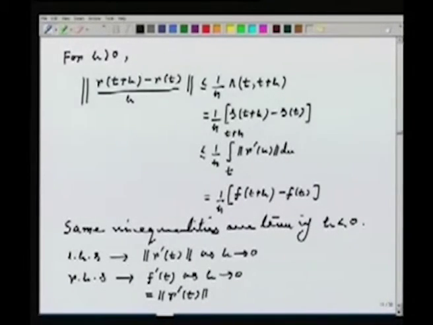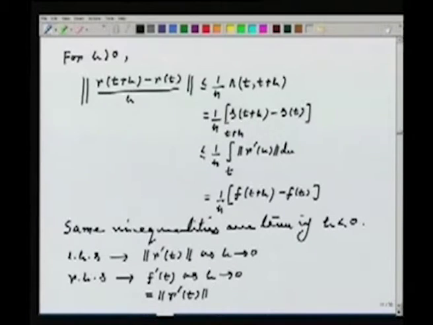That means as h goes to 0, the left hand side and the right hand side both converge to the same quantity, which is norm of r prime t. That implies, I look at what is the middle quantity, this is the middle quantity.